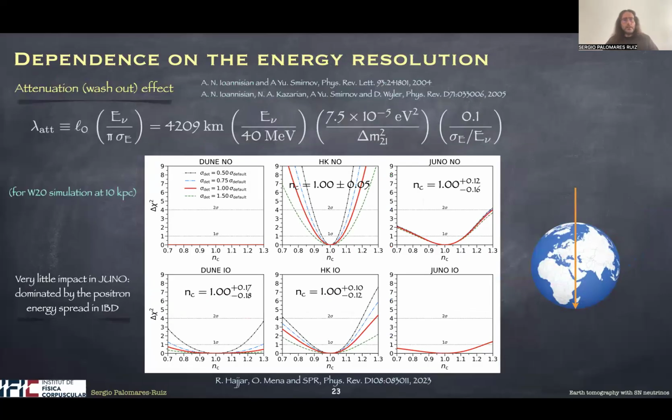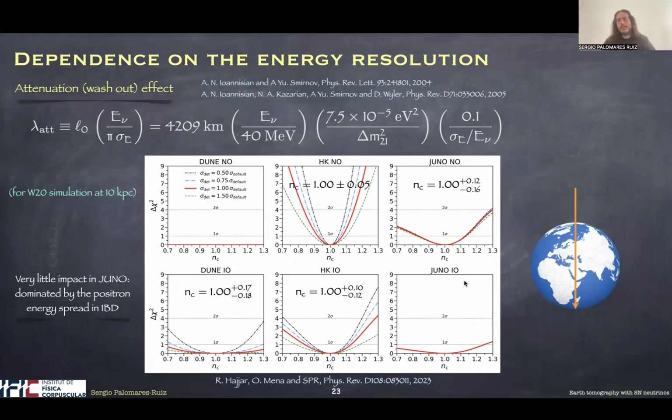What about the dependence on the energy resolution? The energy resolution is critical because the better the energy resolution, the deeper inside the Earth we can look with neutrinos. And it turns out that there is an important impact of the energy resolution in Hyper-K. You can see that by improving the energy resolution by a factor of 2, we can improve the sensitivity by a factor of 2 or so.